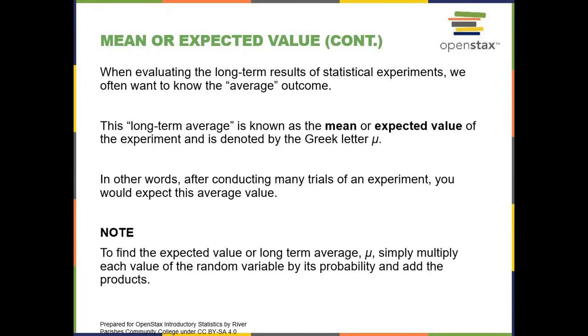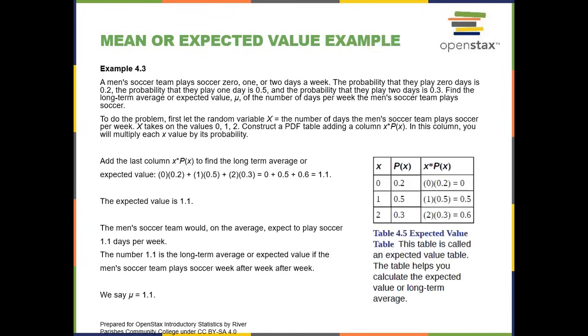To find the expected value or long-term average mu, remember mu is the population mean. Because it's a population characteristic, it's always indicated by a Greek symbol, which is mu. Simply multiply each value of the random variable by its probability and add the products.